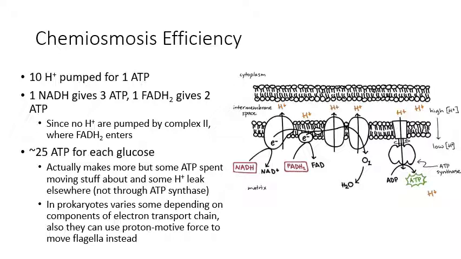Overall, for every glucose that enters glycolysis, you're going to make about 25 ATP in chemiosmosis. Now, you're actually making more than that, but you have to spend some because, of course, glycolysis happens in the cytosol, and then the next step is pyruvate oxidation, and that happens in the mitochondrial matrix.